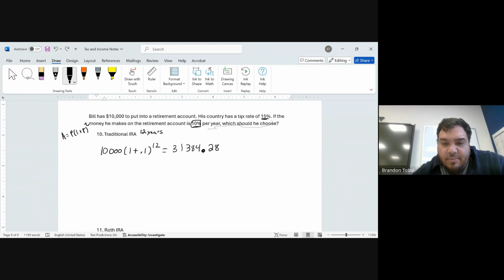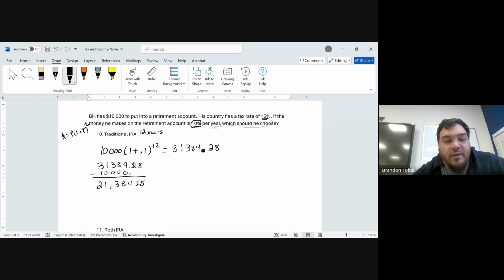Now, how much taxes does he need to pay? First off, remember he only gets taxed on profit. So 31,384.28. I have to calculate the profit, so I have to subtract the 10,000 you first put in. So that's going to be 21,384.28.